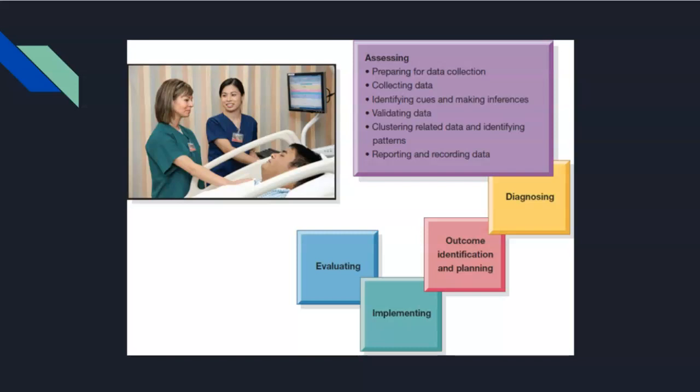Their lab work comes back and it looks like they have some sort of infection going on. We are able to see that with the white blood count being elevated. So that's clustering data, and you're identifying a pattern. Okay, this is happening, this is happening. So we need to move forward with our assessment and get to reporting this data so that this patient can get the care that they need.